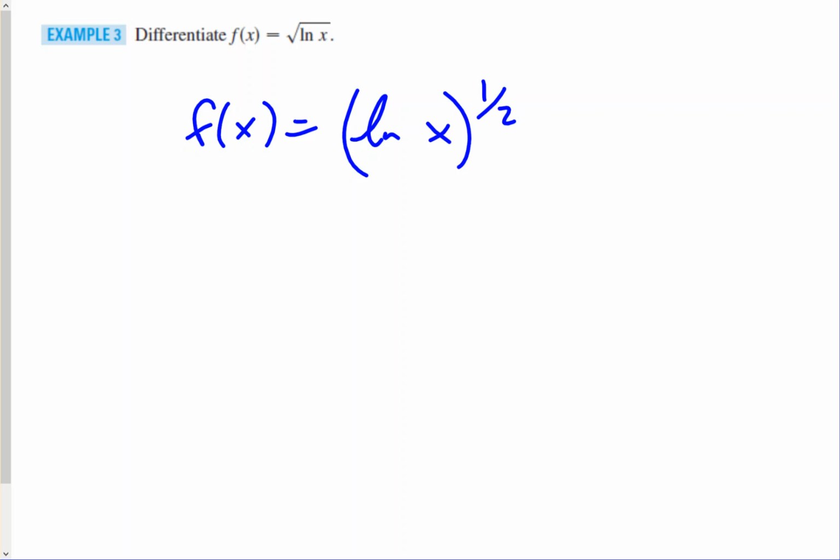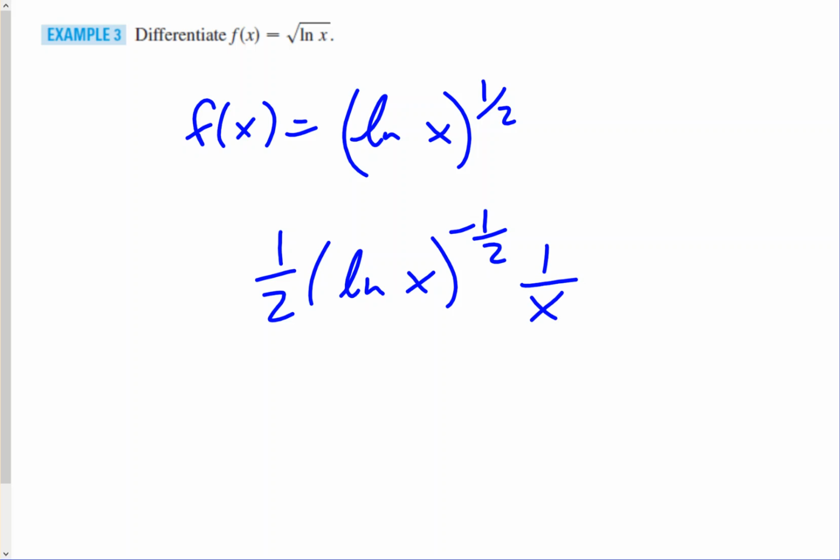So that means we would use our power rule, outer function first. So 1/2 times ln x to the power of negative 1/2, subtract 1 from the exponent, and now take the derivative of ln x. So the derivative of ln x would be 1 over x. So let's simplify this. What would this come out to be?